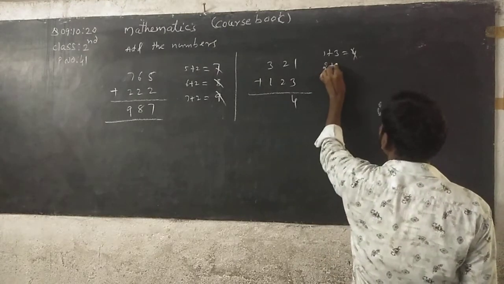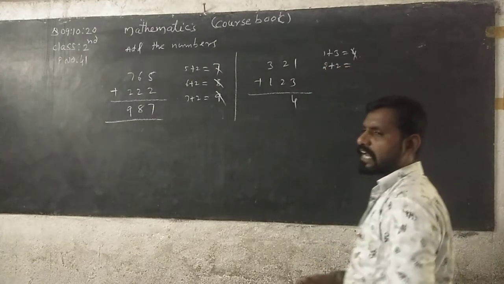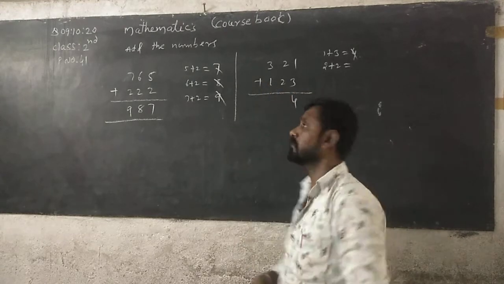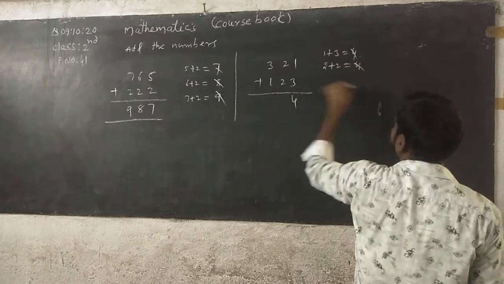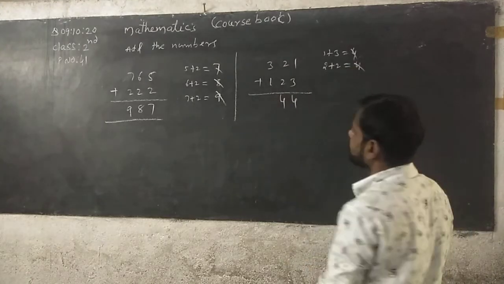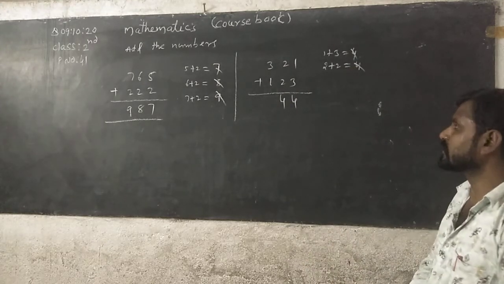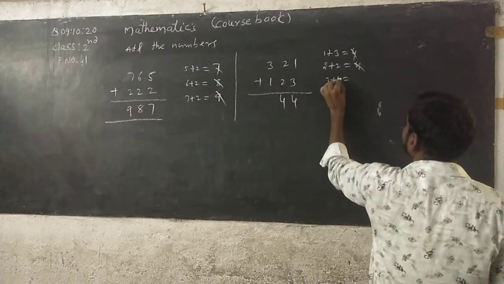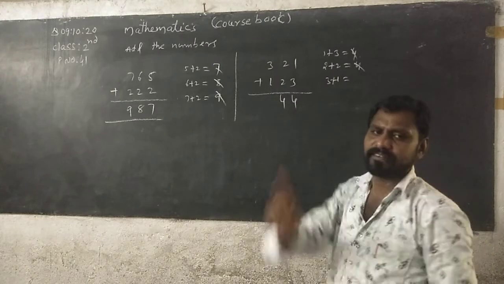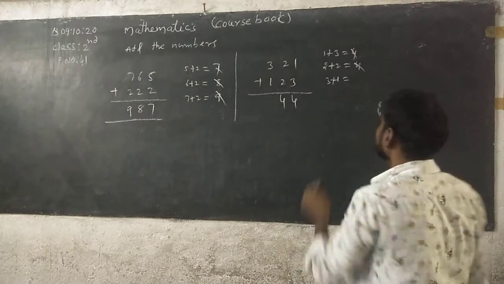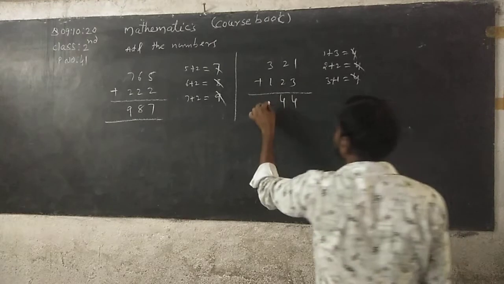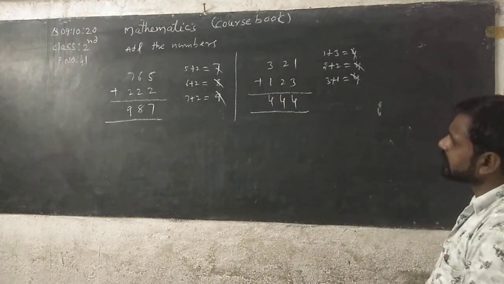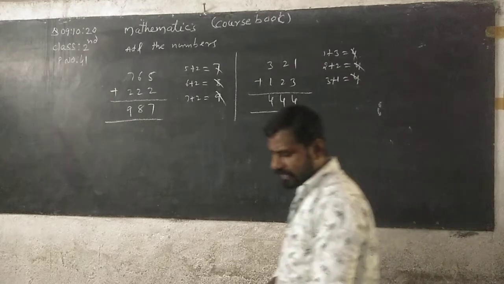Keep 2 in your mind and take 2 fingers in your hand and count 2 after 3, 4. What do you get, beta? 4. Write it in tens column. Now next, we add the digits in hundreds place, that is 3 plus 1. Keep 3 in the mind and 1 in the hand. 3 plus 1, count after 3, 4. So write 4 under hundreds column. Sum is equal to 444.